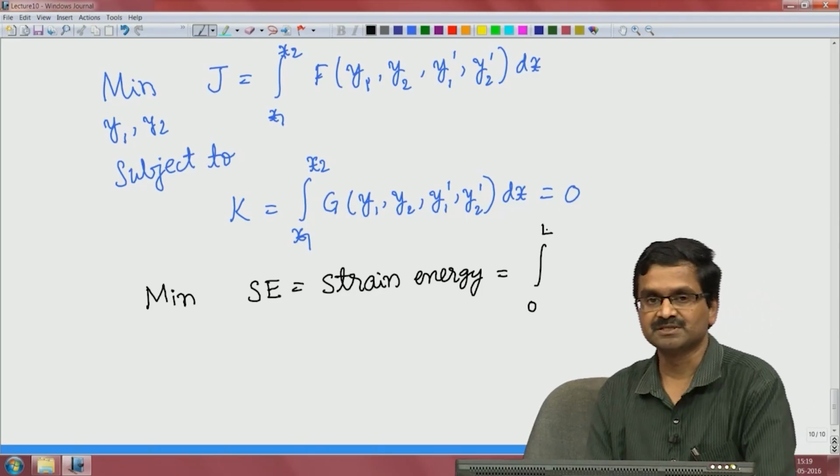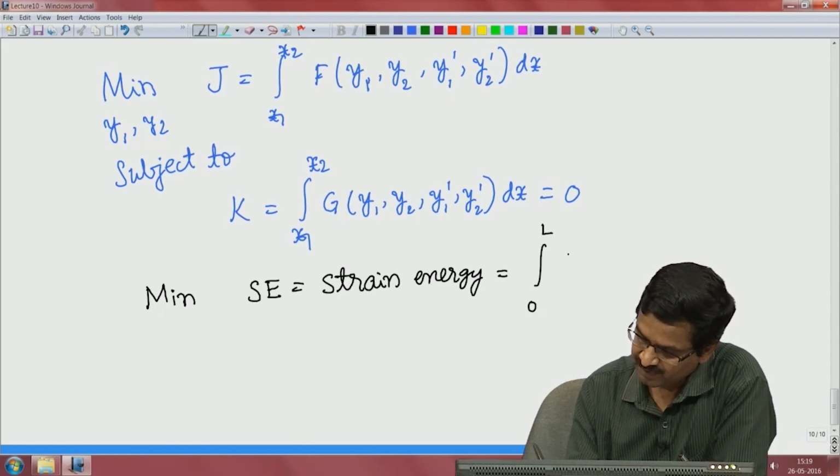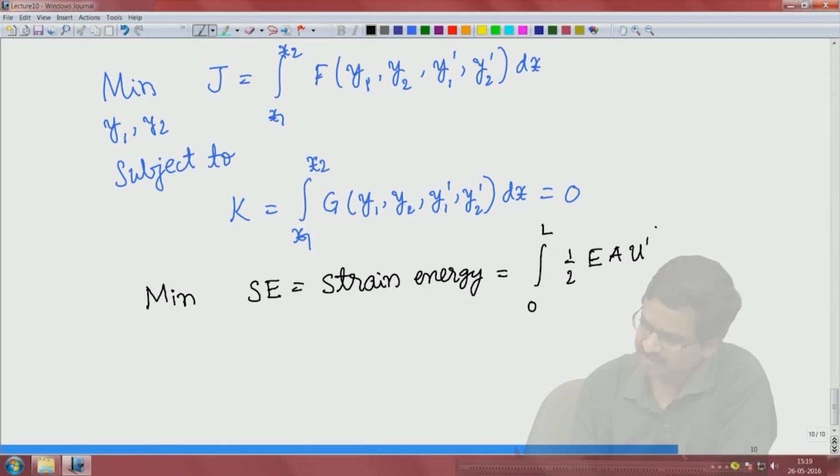Beam is also a one dimensional system, but we will take a bar, integral 0 to L half E A u prime square dx. So, here the variable that we have in structural optimization is A of x, which is the area of cross section of a bar.